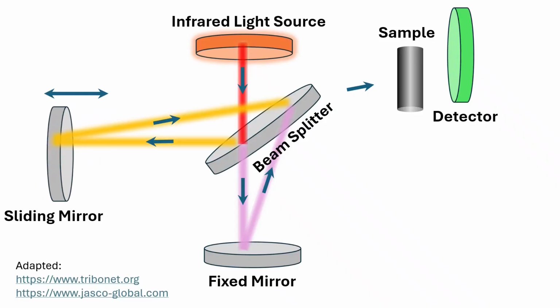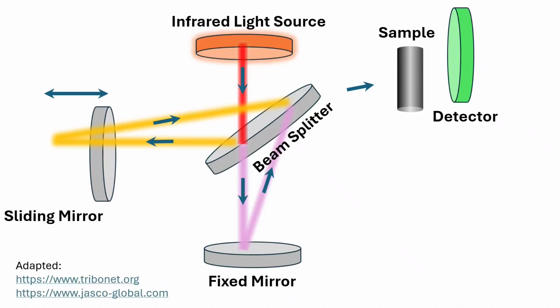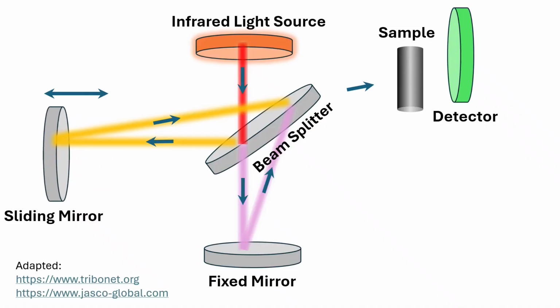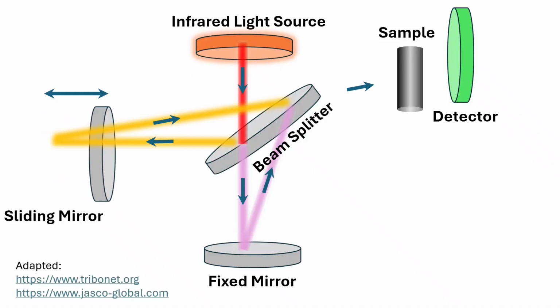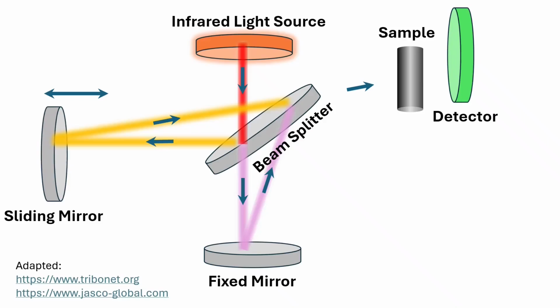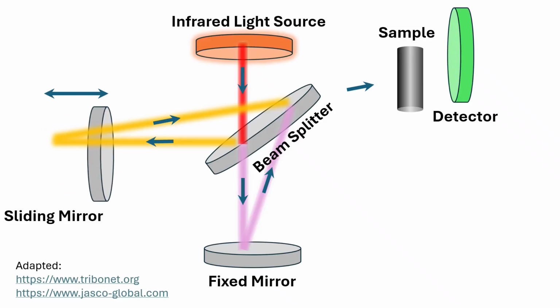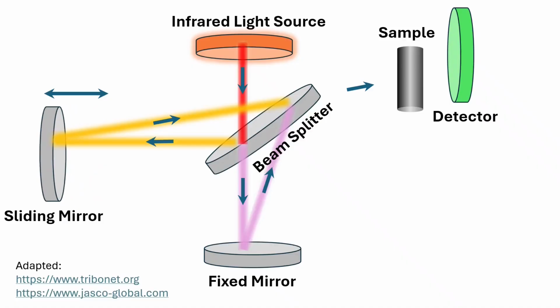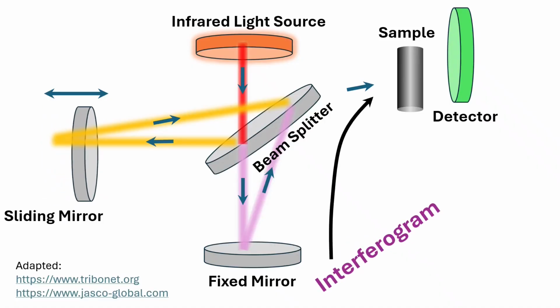These beams bounce back and recombine, that is recombination and interference. Because one mirror moves, the beams travel different distances. When they recombine, they undergo constructive and destructive interference. This creates a signal called an interferogram.